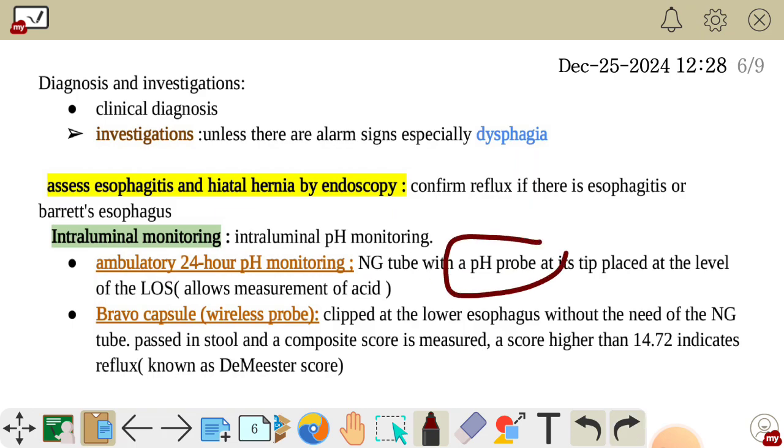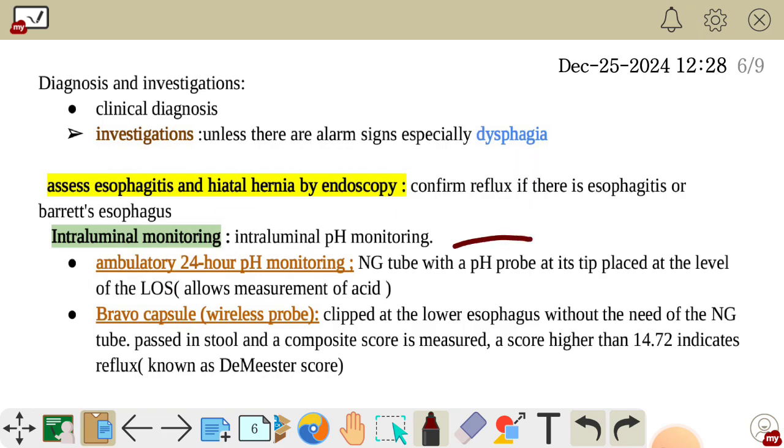There is a probe which is connected to the NG tube, and then we insert it at the level of the lower esophageal sphincter, okay, and then we allow the measurement of acid, and this is done for 24 hours. After 24 hours, we remove it and check the pH.